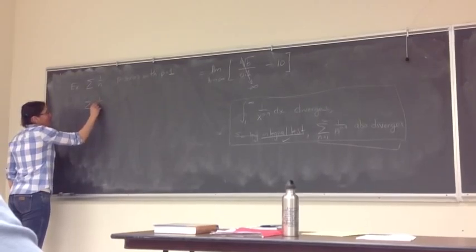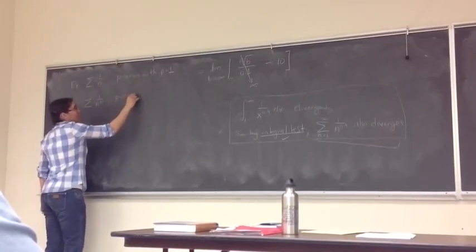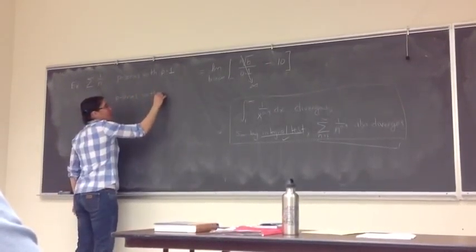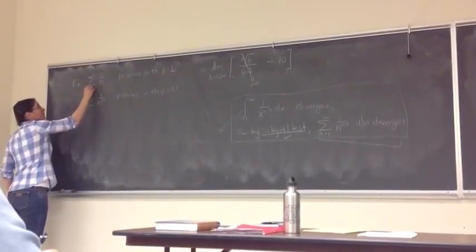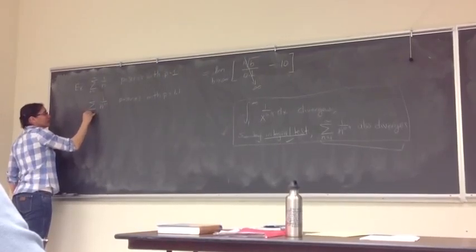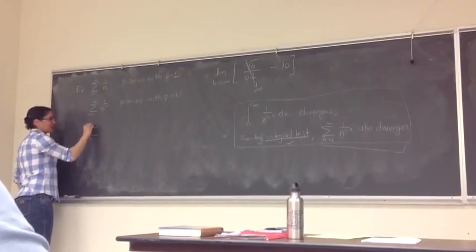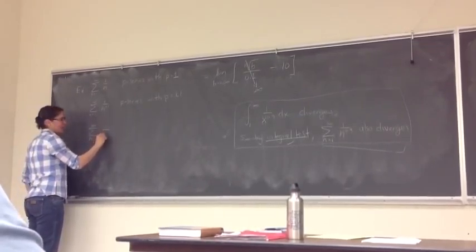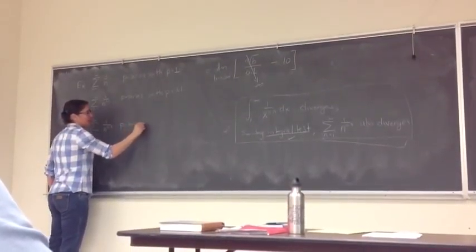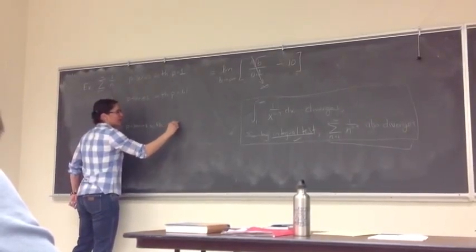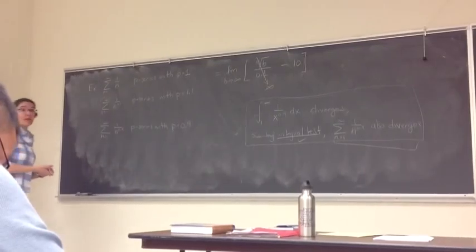The sum of 1 over n raised to the 1.1 is also a p-series, but with p equal to 1.1, p being the power. And our last example was the sum where n goes from 1 up to infinity of 1 over n raised to the 0.9, which is a p-series with p equal to 0.9. So these are three examples of p-series.